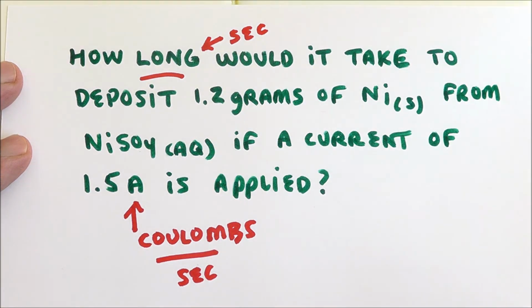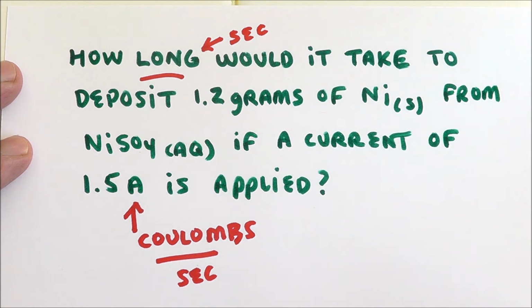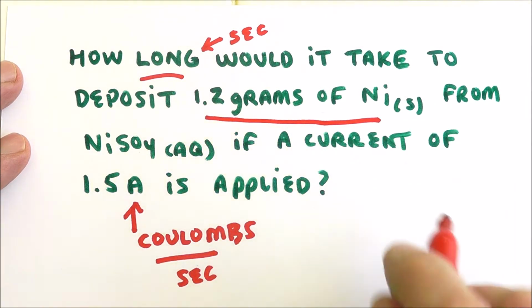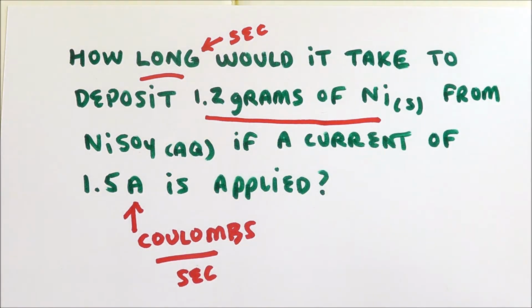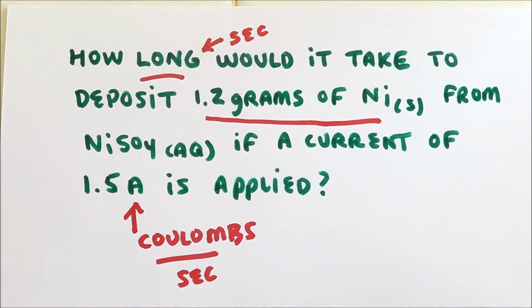The only thing I'm missing is the number of moles of electrons, but I could get there from 1.2 grams of nickel. So the place to start is not here because we don't have time. I'm going to do some good old Gen Chem 1, and we're going to convert nickel to moles of nickel, and then to moles of electrons.